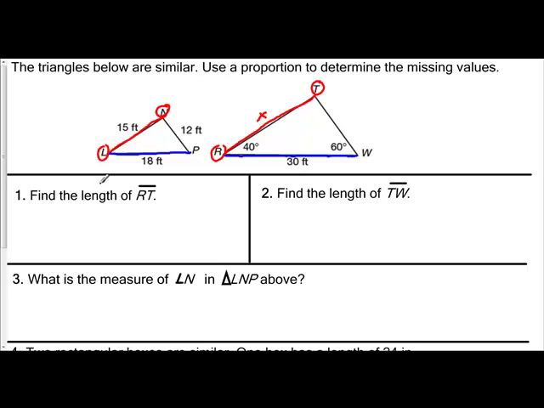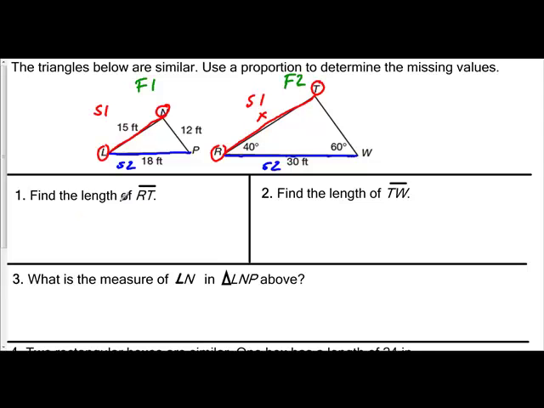So first thing I'm going to do is I'm going to say my red sides are side 1, side 1. My blue sides are side 2. And I'm going to say this is figure 1, and this one here is figure 2. All right, so here's how I'm going to write this.